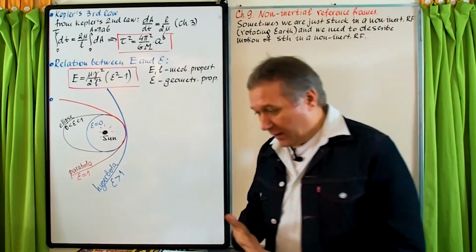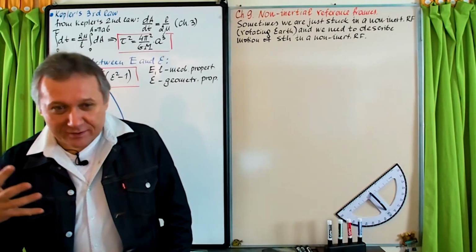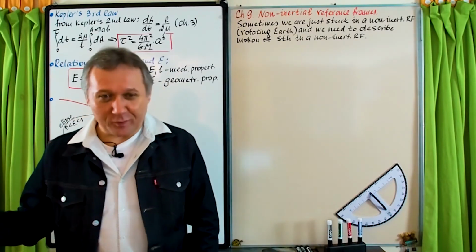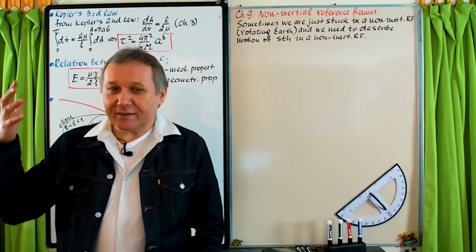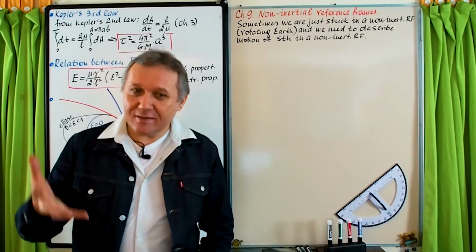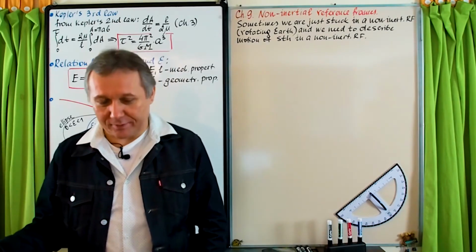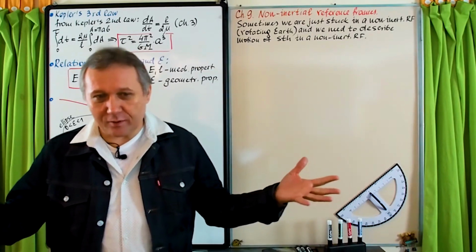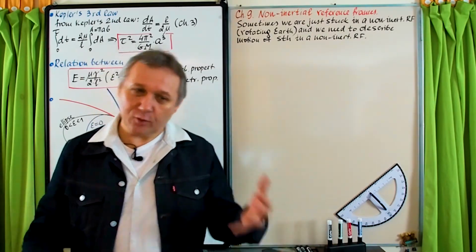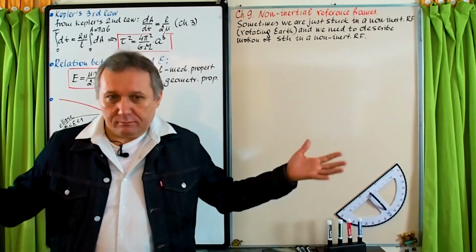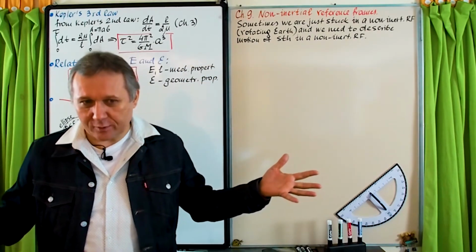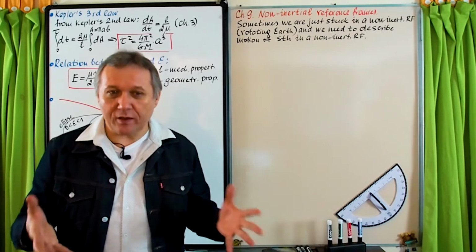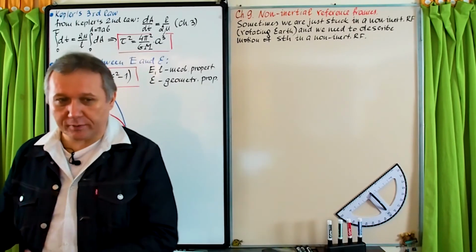But sometimes, or actually quite often, we are stuck in a non-inertial reference frame. For example, we are all here on the Earth, which is spinning and also orbiting around the Sun. There are tons of accelerations. So strictly speaking, of course, we are in a non-inertial reference frame.